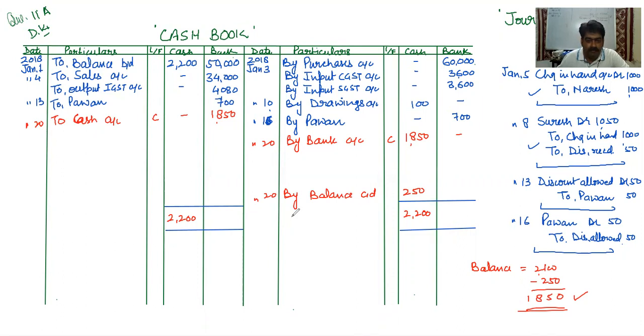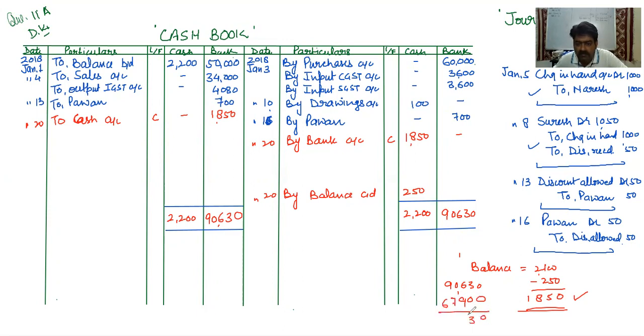Okay, now we will calculate bank balance. Total of debit side 90,630, and from 90,630 we will deduct credit total. 3 plus 3, 6, 6 plus 1, 7, and 6.